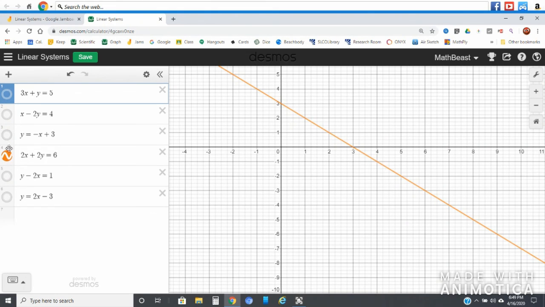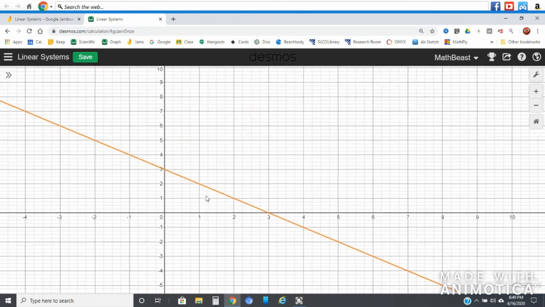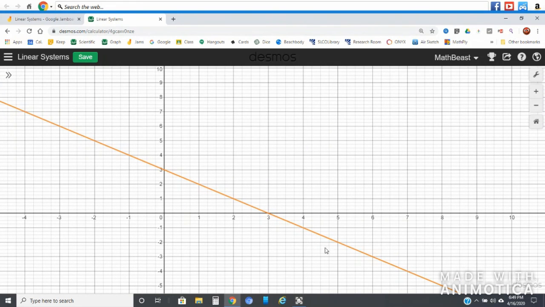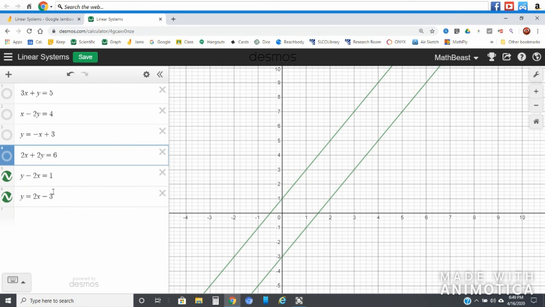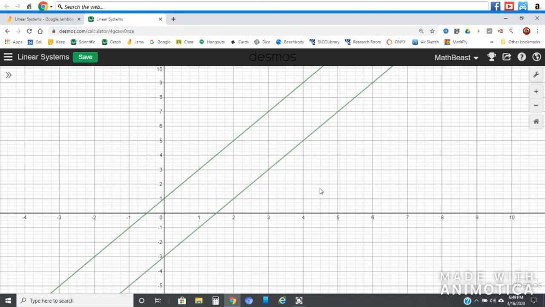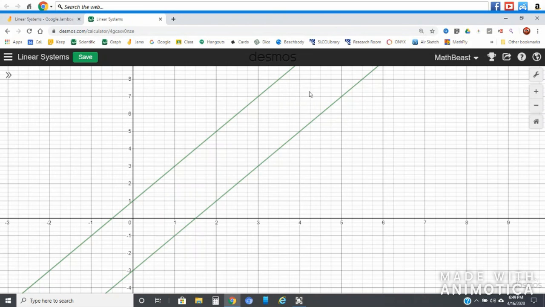Yellow system, oh man, where's the other line? Oh, that's right. The other line is not there because both equations are actually the equation of the same line. So every solution in here is going to work for both lines. Okay, and then again, our green system, we can see parallel lines. Parallel lines don't cross. So we have no solution.